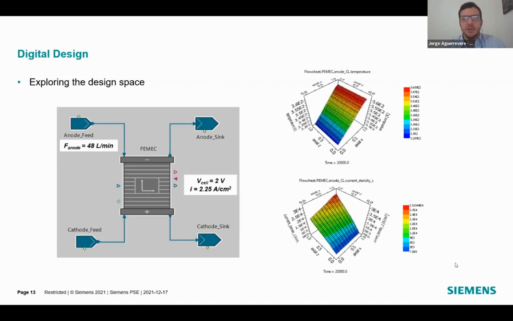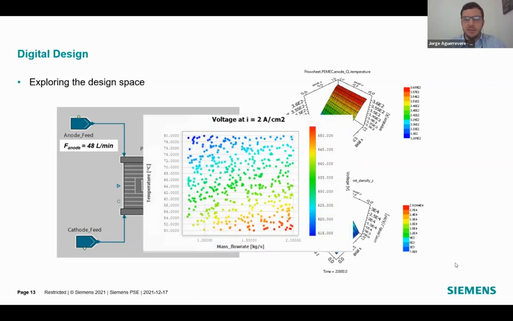And then you could change an input and see how that affects the outputs. And you could even do this hundreds or thousands of times to get a map of how the equipment will perform over a range over the design space, essentially. And this gives you some idea of where to take the design to make it as efficient as possible.